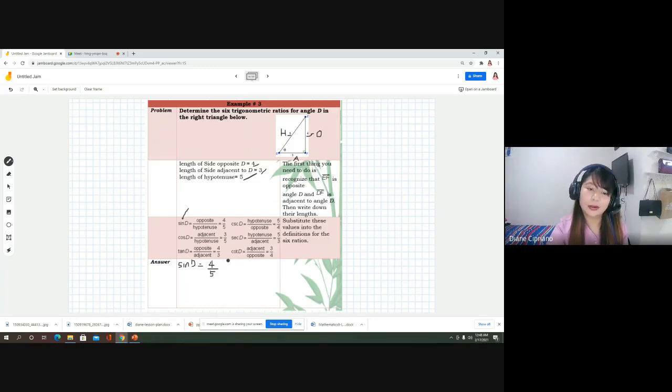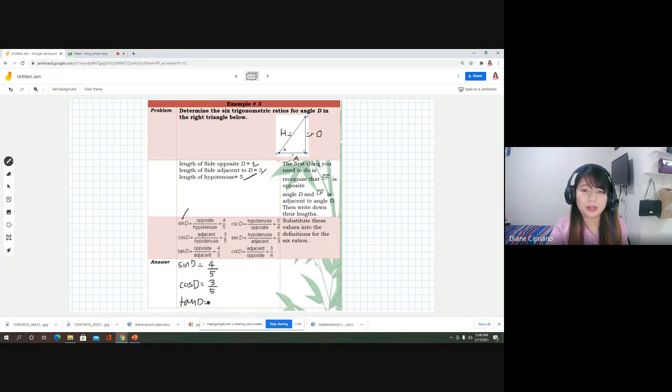Okay, and then the cosine. Again, what is cosine? Cosine is CAH. So your adjacent is 3, over 5. And for your tangent D, it is TOA, opposite over adjacent.